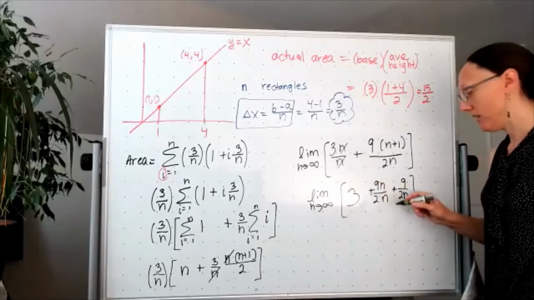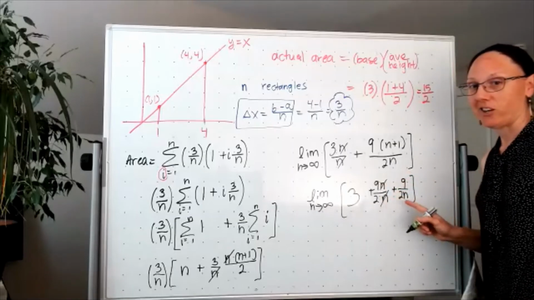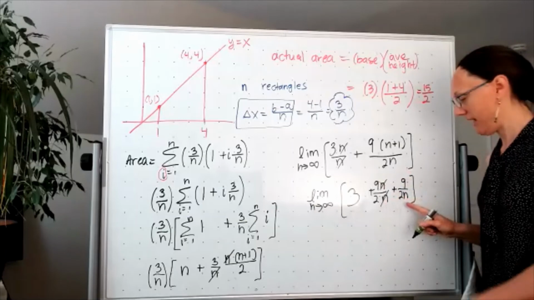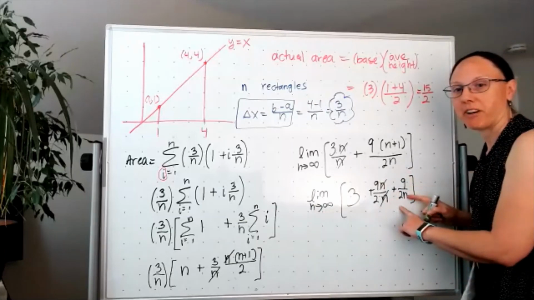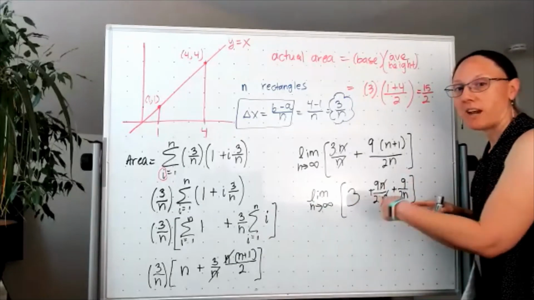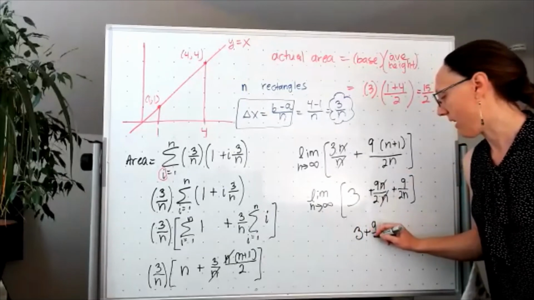Because on this one, my n's will cancel. And on this one, as n approaches infinity, 9 divided by infinity is going to go to 0. So when I'm done with the limit, I just have 3 plus 9 over 2.